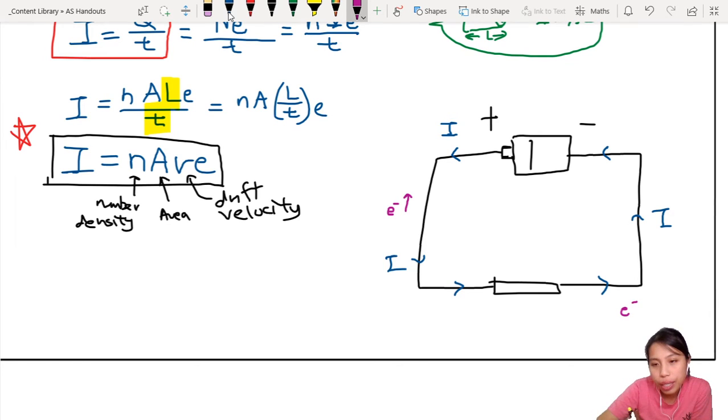Just a fact to remember. Conventional current is the I that we always see in circuits. From today onwards, if you see I in the circuit, that means conventional current. If they specifically talk about drift velocity and electrons, you have to be careful about which direction they're flowing. Okay, so let's look at some practice questions now.